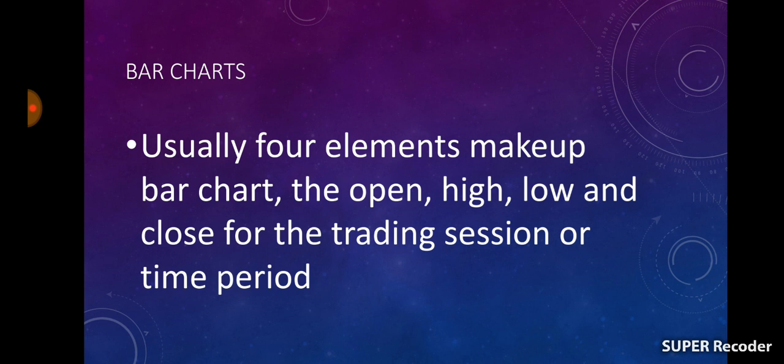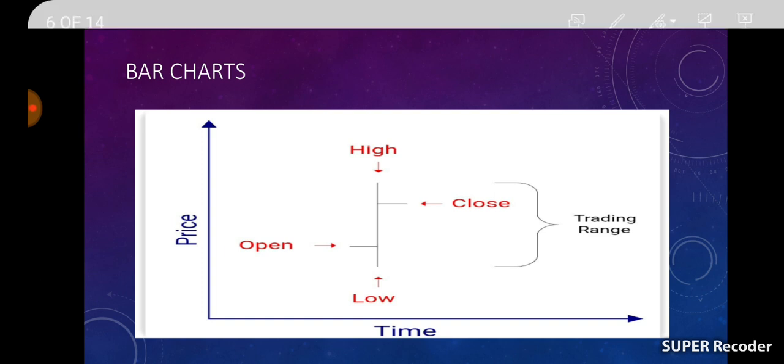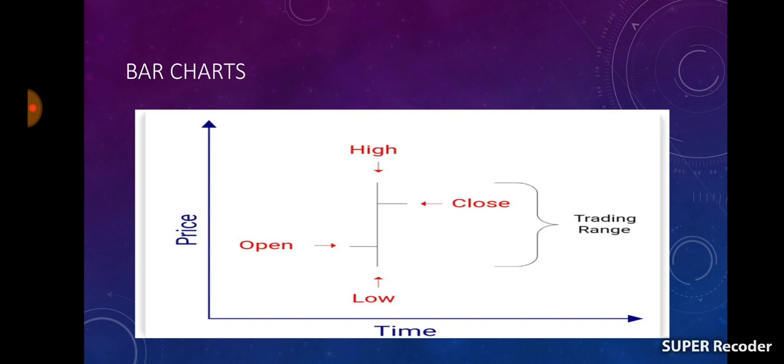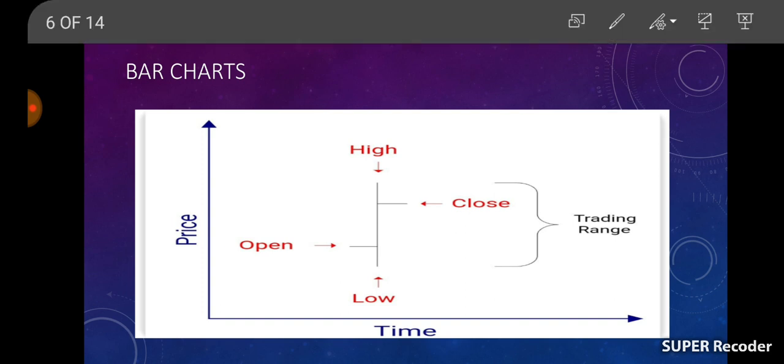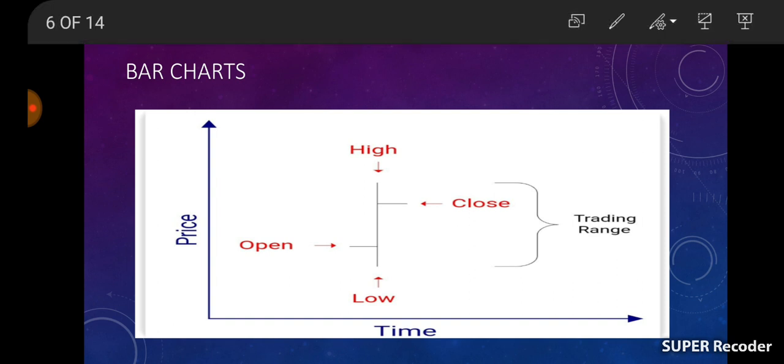In this chart, the top of the bar represents the highest price and the bottom of the bar represents the lowest price, and a dash to the left side indicates the opening price and a dash to the right side indicates the closing price. Here the opening price is low and the closing price is high, so there is an increasing tendency of price, and it is known as bullish tendency.